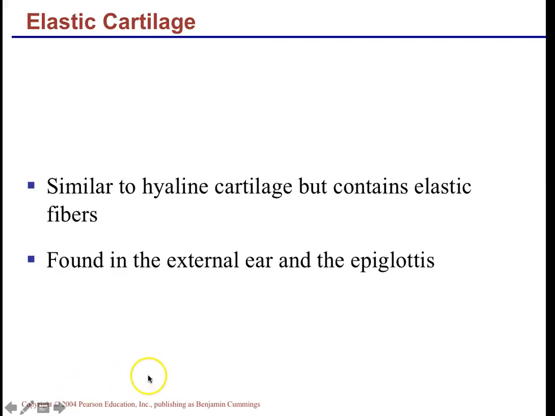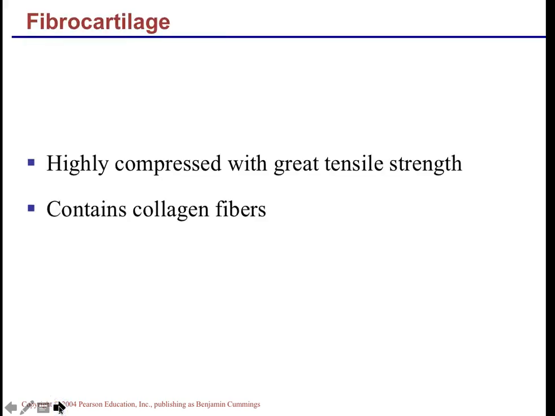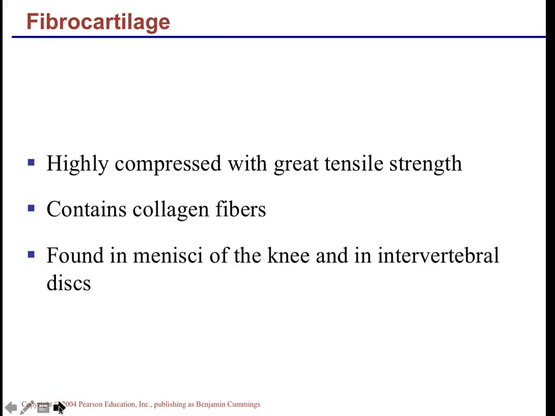So you're going to find elastic cartilage in the external ear and epiglottis. It's similar to hyaline but has more elastic fibers, so it's more bendable. Fibrocartilage is used in the body where you really need a lot of strength, and it contains collagen, which is a very good structural fiber.